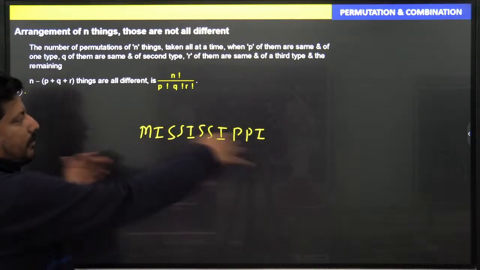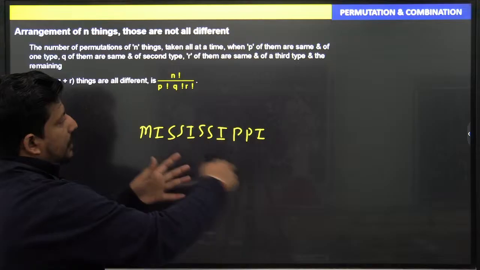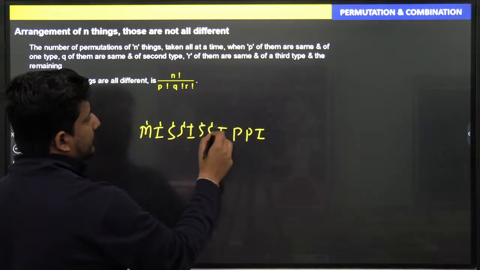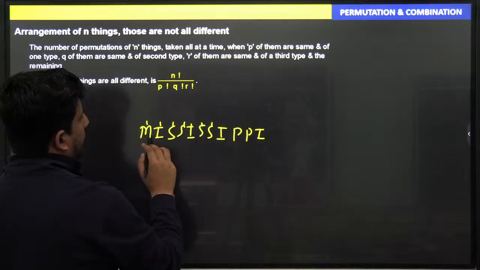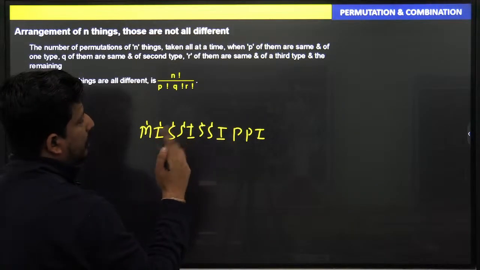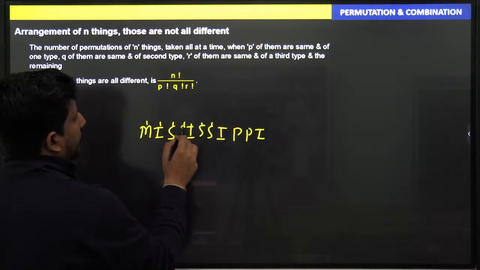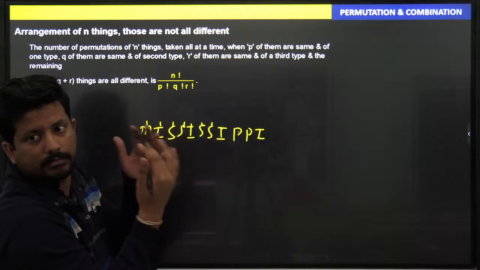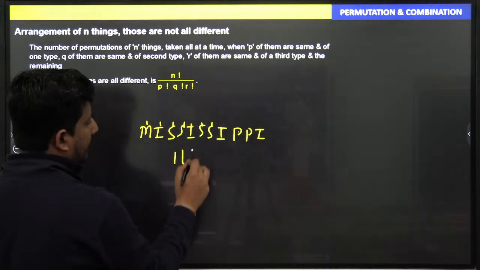So arrange them. You can see that there are 1, 2, 3, 4, 5, 6, 7, 8, 9, 10, 11 letters. Arrange them, so you have to write 11 factorial.